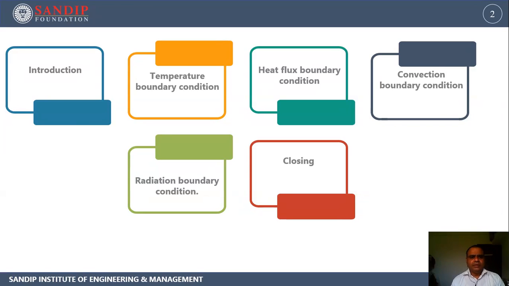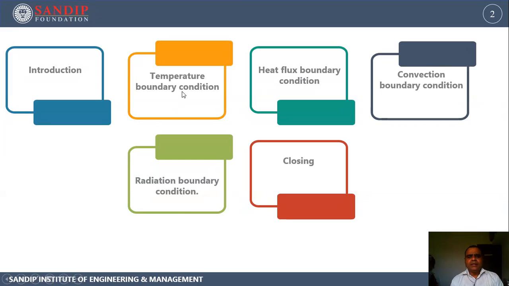We are going to start with some introductory remarks. Then I'll discuss the boundary conditions like temperature boundary conditions, heat flux boundary condition, convective boundary condition, and radiative boundary condition, with some closing remarks.